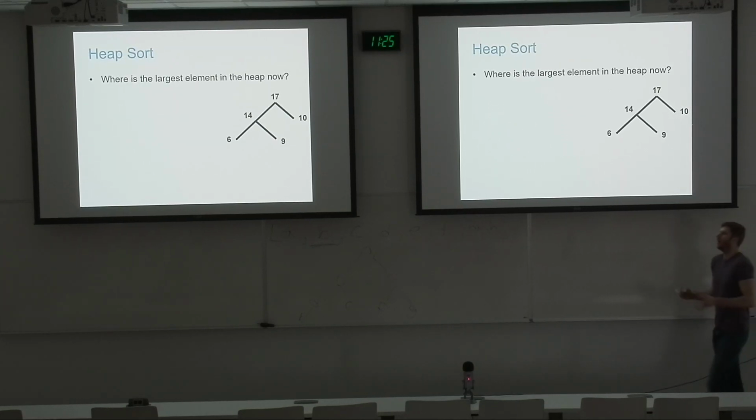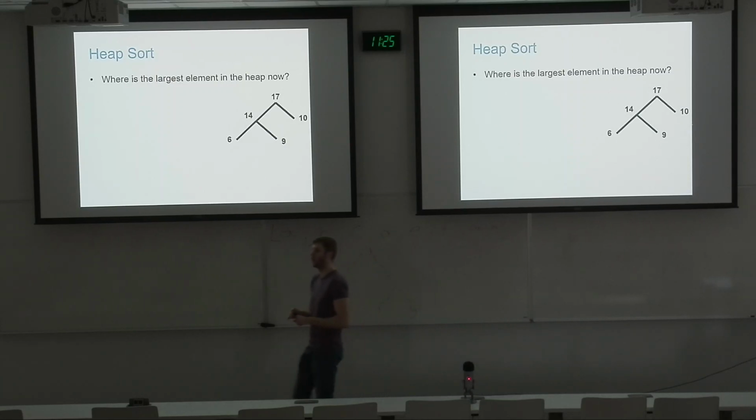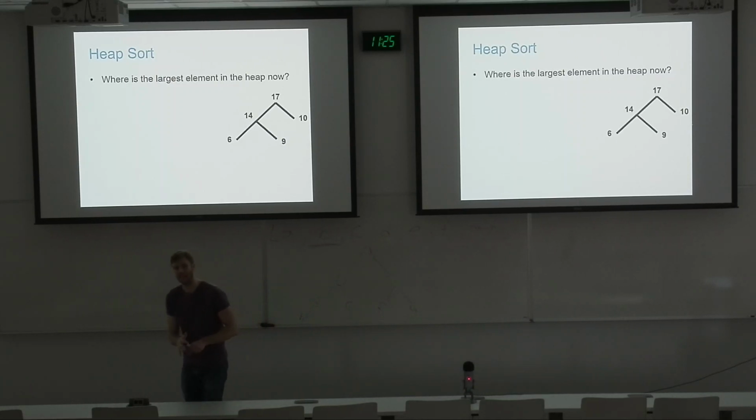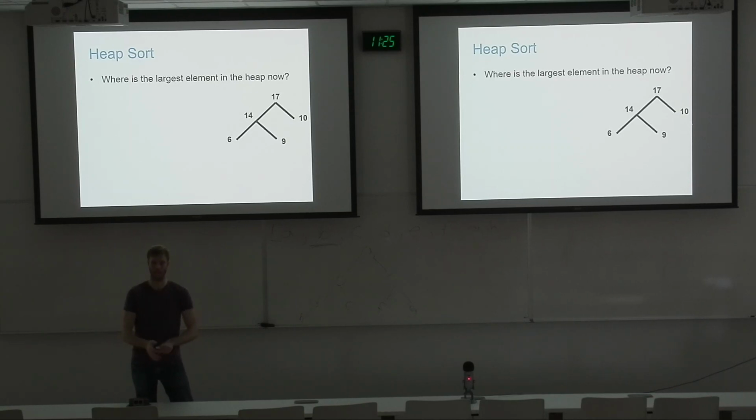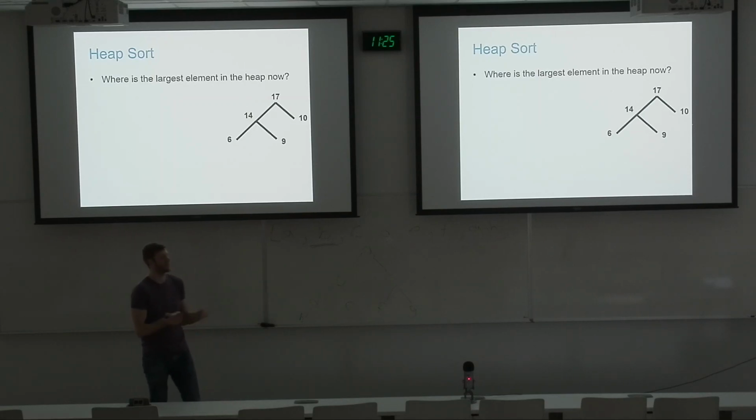So I now know, once I built this heap, 17 is the biggest element, right? I'm guaranteed that 17 is the biggest thing. So if I take 17 out, I've got the biggest thing. Okay, before even thinking about that, obviously I don't have a sorted collection of things yet.